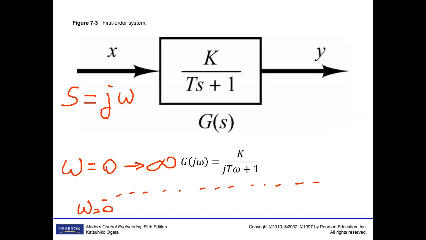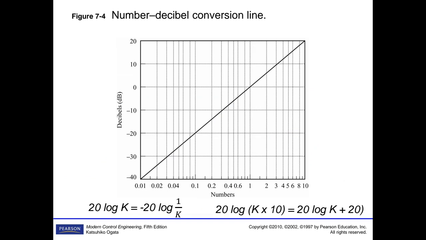In order to cover those, a logarithmic scale is used. For the logarithmic scale, here is the conversion table between decibel values and the numbers, the horizontal line numbers and vertical line decibels.